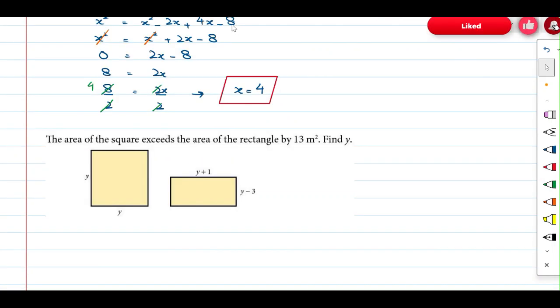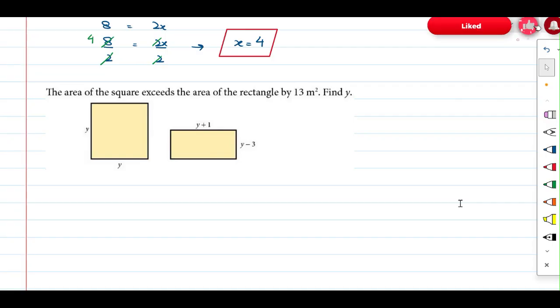All right, let's practice another word problem related to algebraic equations. The area of a square, again they need the area of a square, exceeds the area of a rectangle by 13 meters square. Find y. Area of a square is side square, area of a rectangle is length times width. We have done this in the previous question. Exceeds means plus 13.